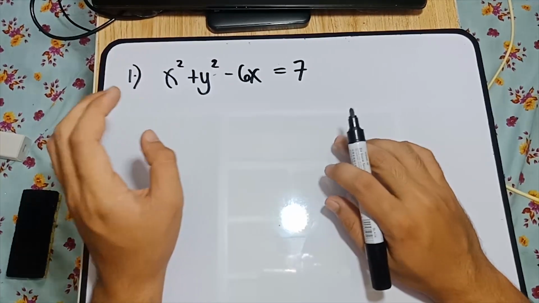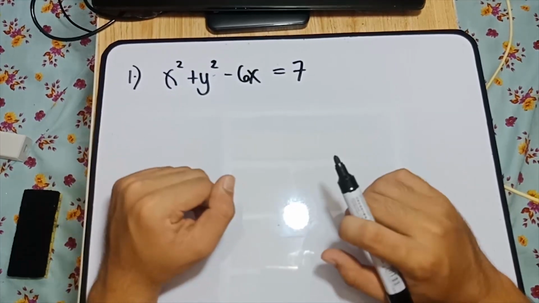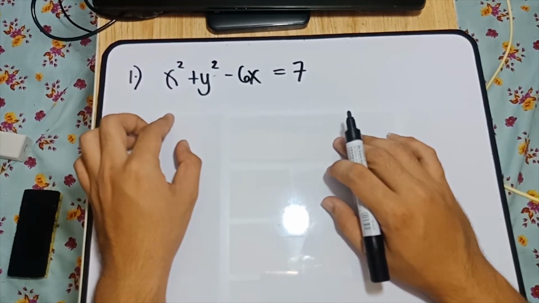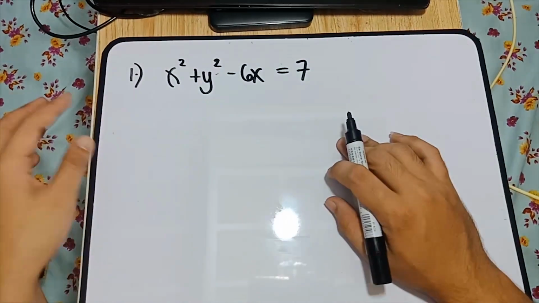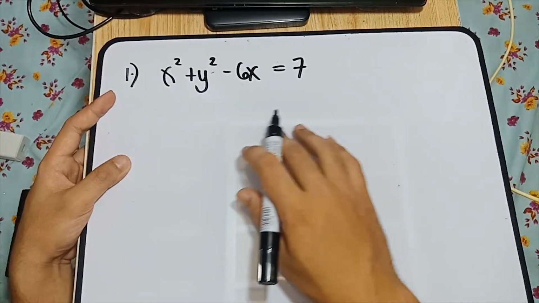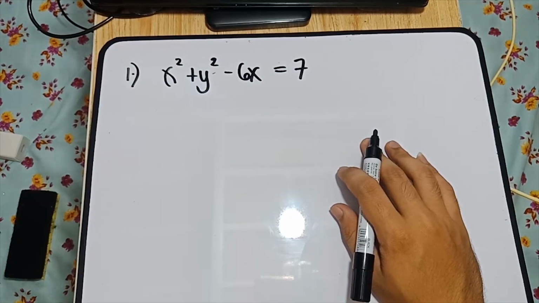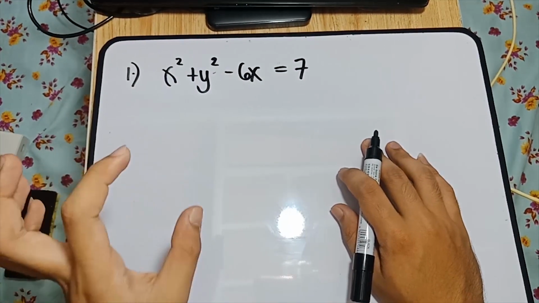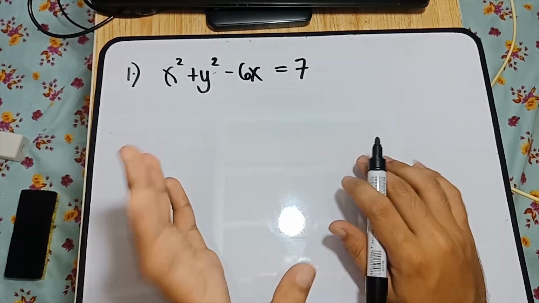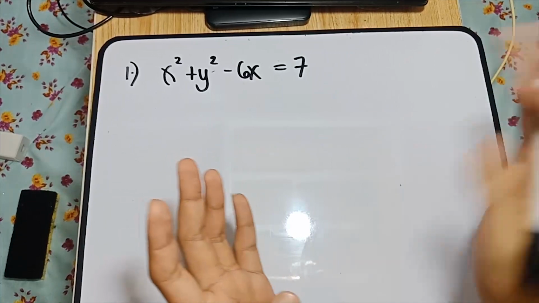Again, ang kailangan dito ay i-transform natin into standard form of equation of a circle. Now, first step dito ay pagsamahin natin yung x at pagsasamahin yung y, and then yung constant doon sa right side.